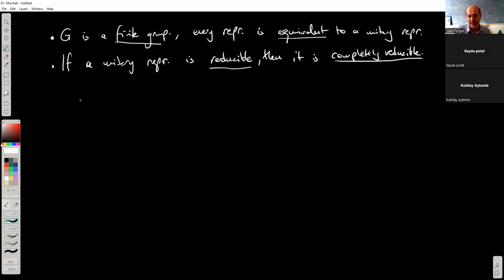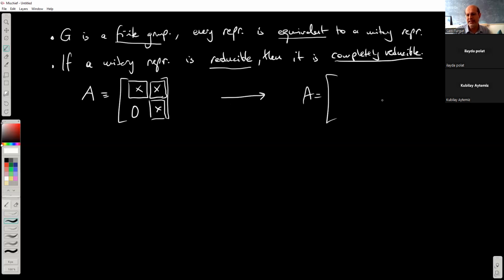But this essentially means the same thing as this one. So reducible means that A is equivalent to a representation where there are these block diagonal terms in here. There's also some part in here which is also probably non-zero, but this part is zero. So therefore, this is like a block upper triangular matrix or something like that, right? So that's basically what reducibility means. Completely reducible means that this is in block diagonal form, which means that it's a direct sum of representations, right?